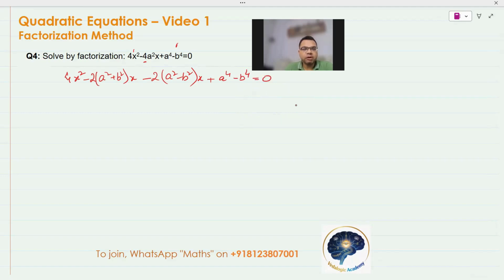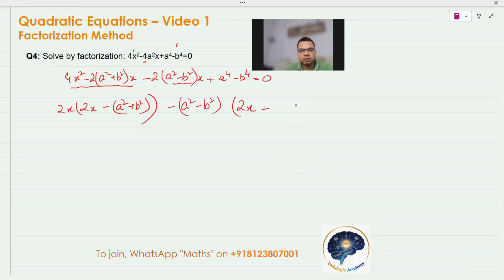So now we are going to take 2x common from these two terms: 2x minus a square plus b square. And again, I am going to take a square minus b square common because it exists in both the terms. So it becomes 2x, and there is plus in between, so I'll put negative because I have negative outside, a square plus b square equals 0.